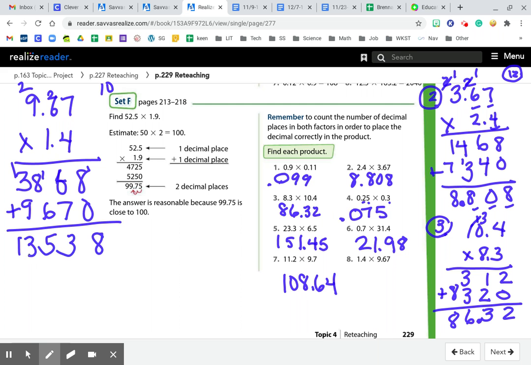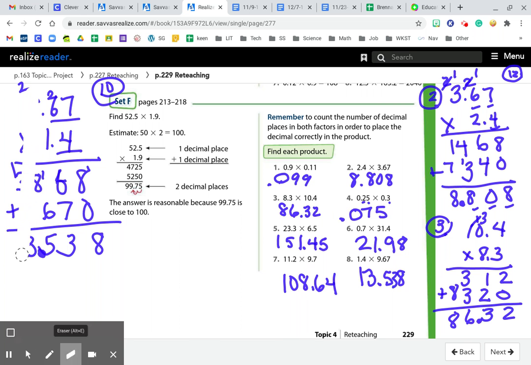And 3 digits in decimal place value in the problem, 3 in the answer. My answer is 13.538, and that is near 10, so that looks good.